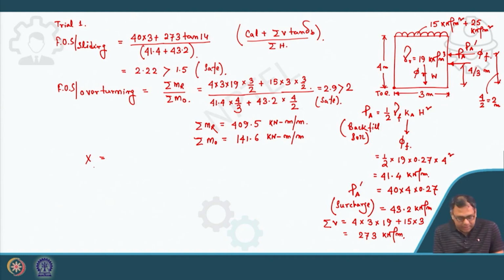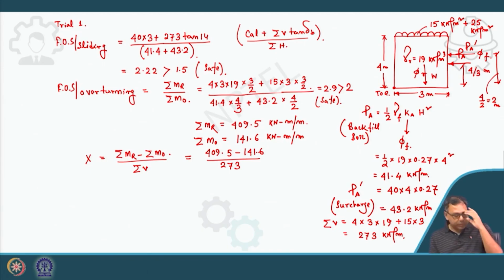So, now come back to that x calculation. The x will be summation of Mr minus summation of Mo divided by summation of V. So, it is coming out to be 409.5 minus 141.6 divided by 273. So, it is 0.98.